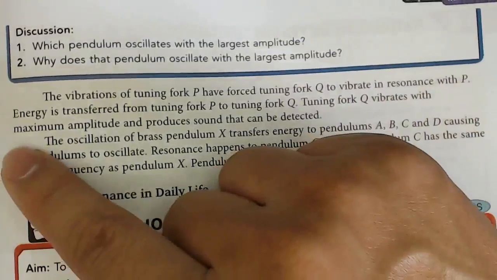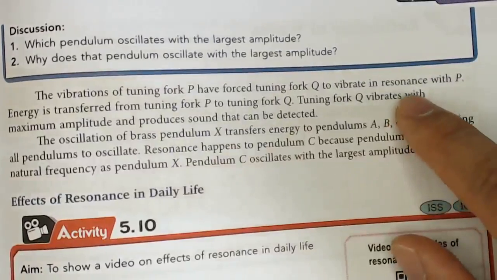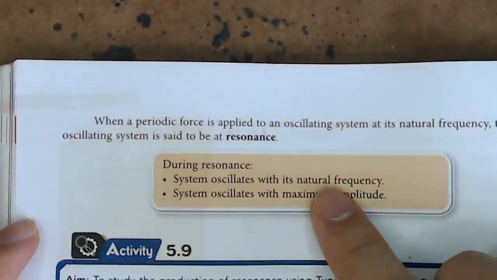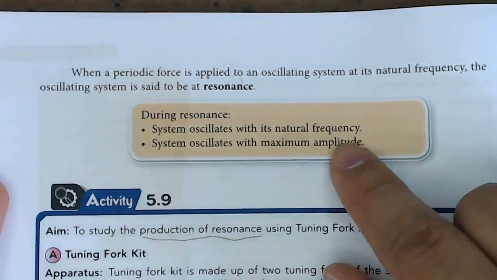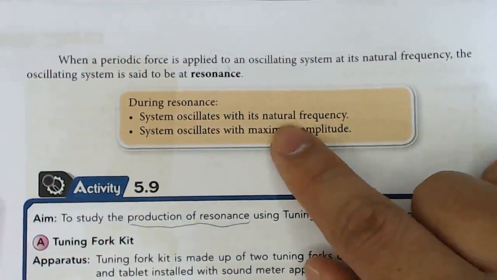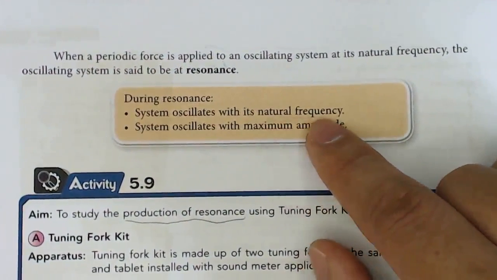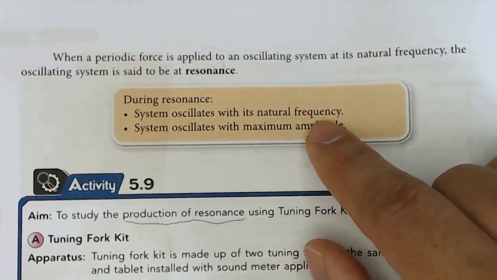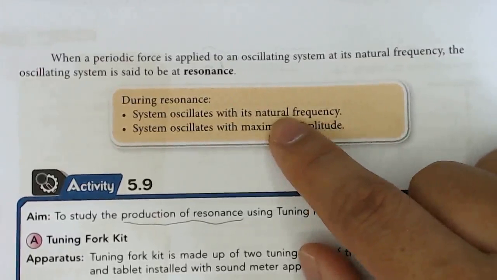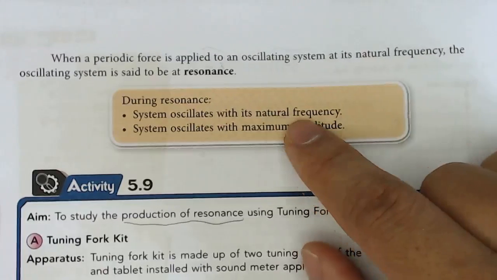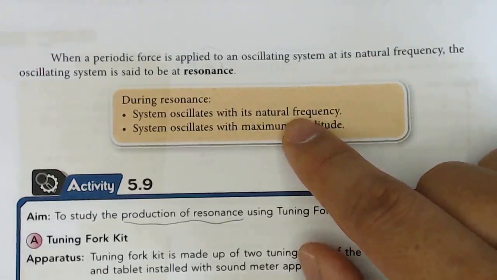Okay. What does resonance mean? Resonance means they both have a natural frequency. The natural frequency of the system that tries to follow something is the same as the natural frequency of the system that they want to follow.